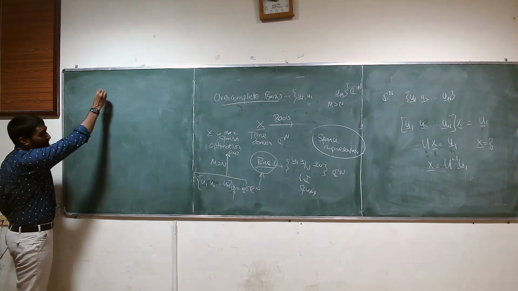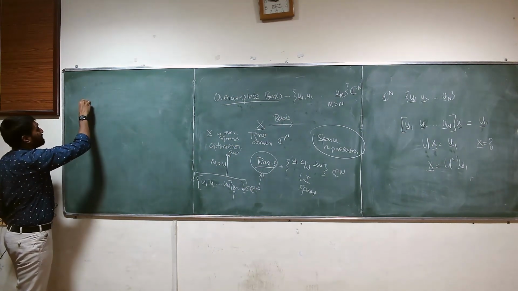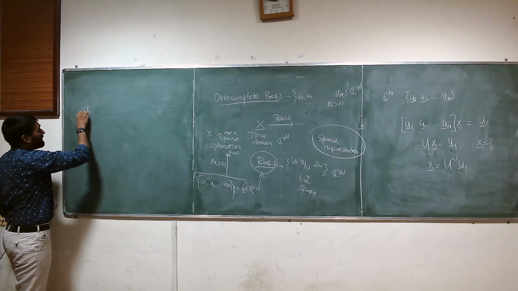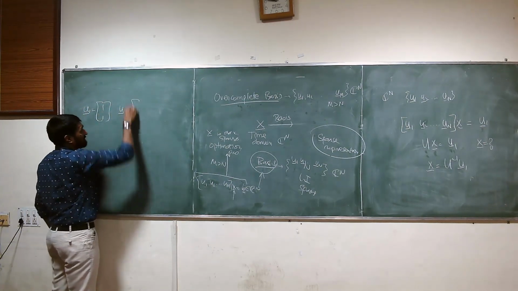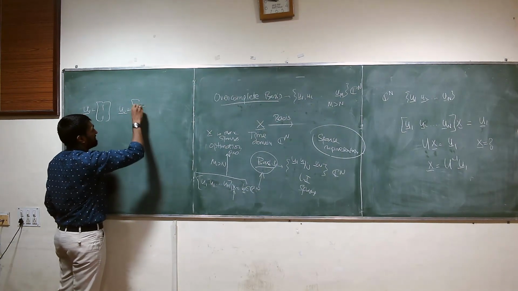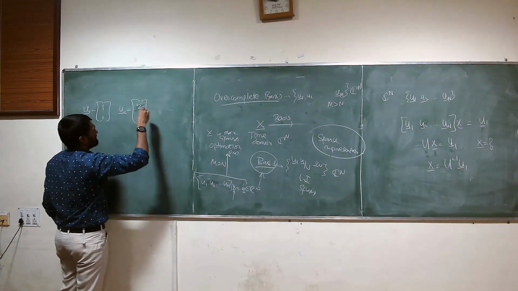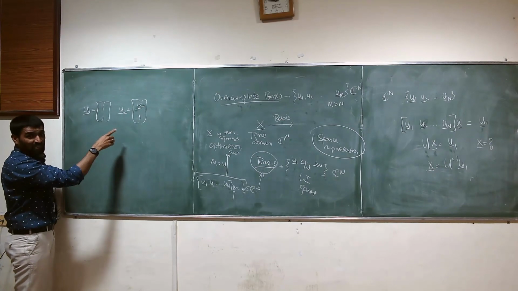Okay, maybe we do a simple example. Say u1. Okay, this is my basis for R2.